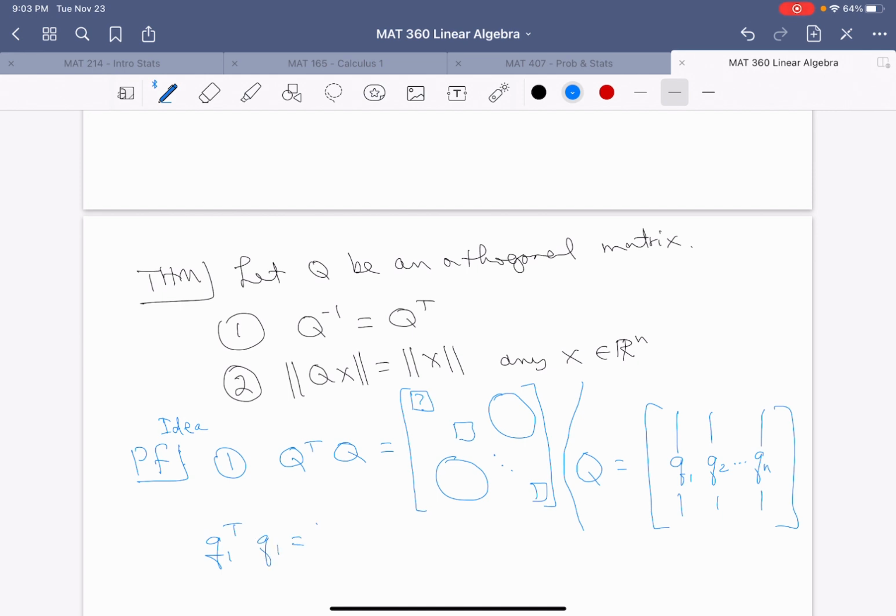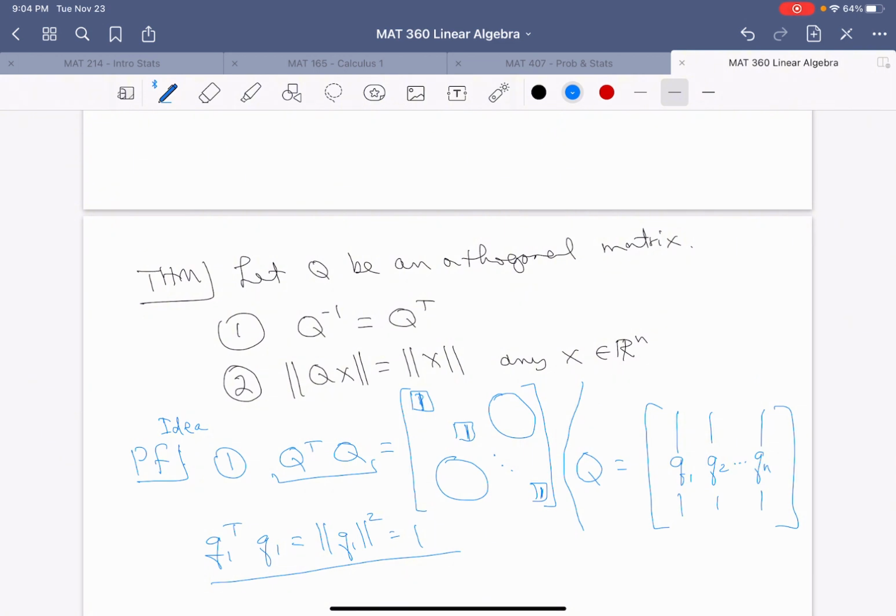But we know that is its length squared, and each one of these has length 1, so it's just 1. So sure enough, we'll have a bunch of 1s down the diagonal. And so that's one way to get the identity.